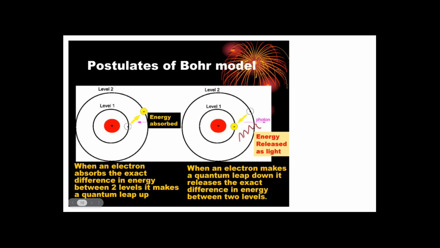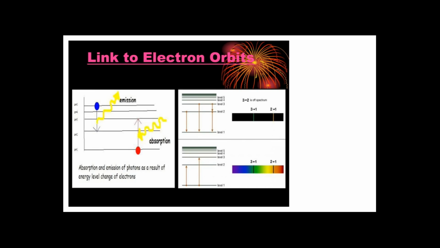So an electron absorbs the exact difference in energy between two levels and makes a quantum leap up. And when an electron makes a quantum leap down, it releases the exact energy difference. And this will always be in the form of a photon. And note there's a large number of different possible orbits, so a large number of different transitions that can occur.